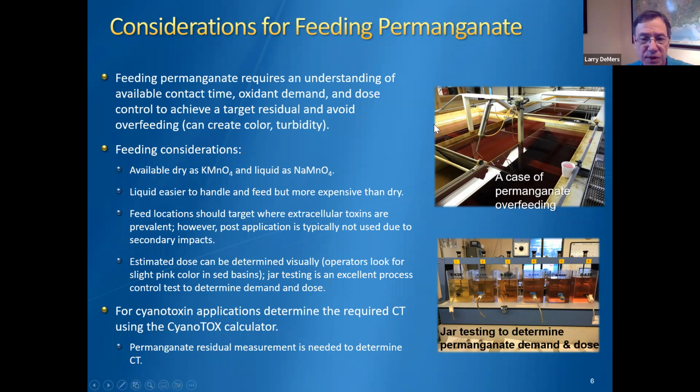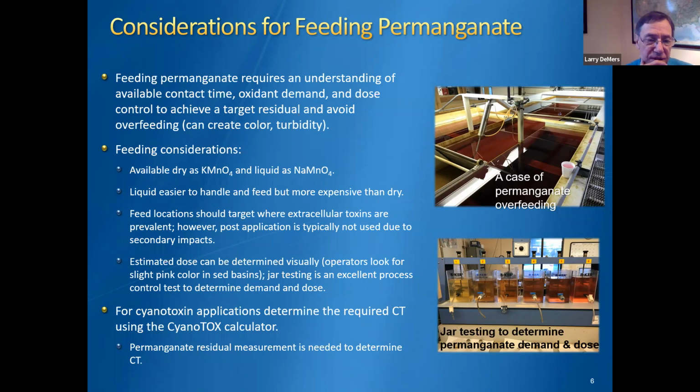At the dose they were feeding, they were getting a lot of color. Typically overfeeding shows up as a pink to red color in the top of their clarifiers and moving all the way over to the top of their filters. So that's the end result if you feed too much permanganate. And again, it's plant dependent, a lot of times depending on how much contact time you have.